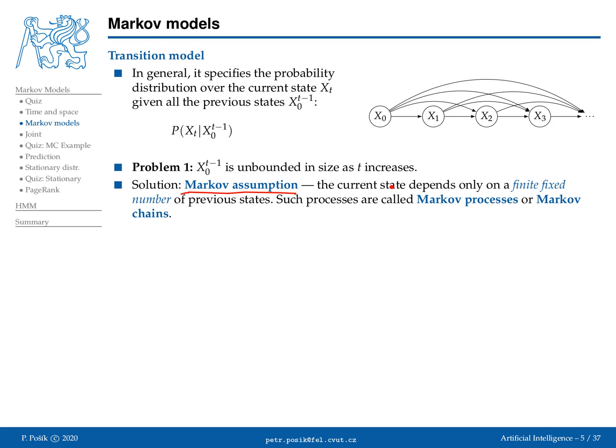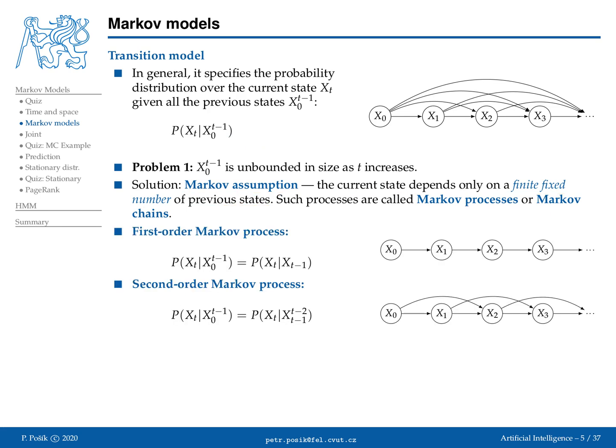The Markov assumption tells us that the current state depends only on a finite fixed number of previous states, such that this conditional part cannot grow.